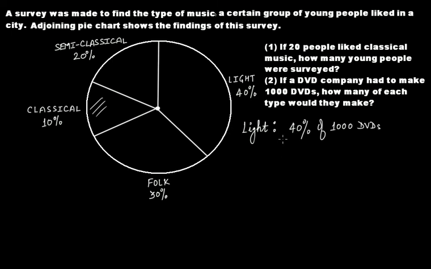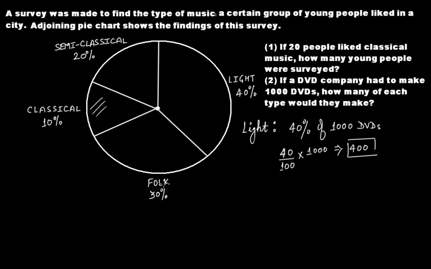for light music. So 40 by 100 times 1000, and this gives us 400. So 400 DVDs of light music.